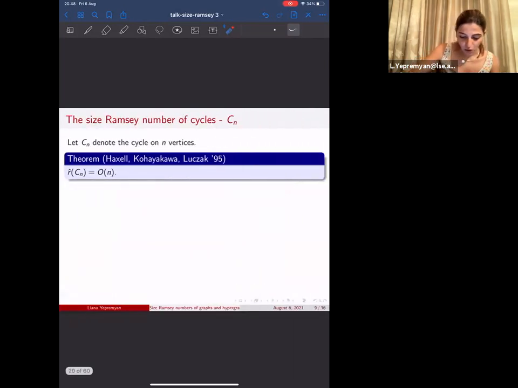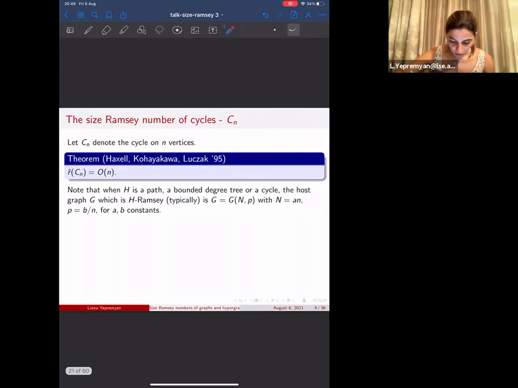Right. So now let me go to other families of graphs, and I'll talk about cycles. This is the next family that has been studied. And in 1995, it was proven by Haxell, Kohayakawa, and Łuczak that the size Ramsey number of cycles is also linear.